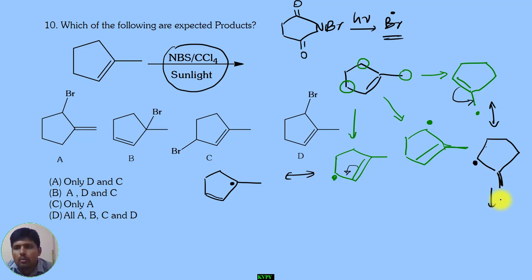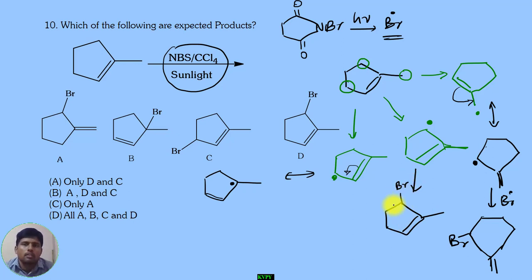So this on bromination will form a double bond here, and there is Br, and this on bromination forms a double bond here, Br here.